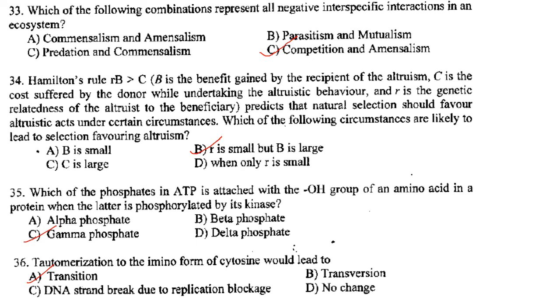Cytosine and thymine here are pyrimidines, whereas adenine is a purine. So first cytosine is converted to a purine, and the purine base pairs with thymine. That is, adenine base pairs with thymine, which is a pyrimidine. So cytosine, a pyrimidine, is replaced by another pyrimidine, that is thymine.